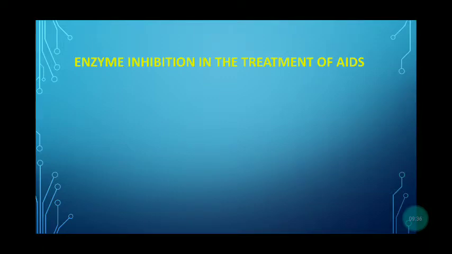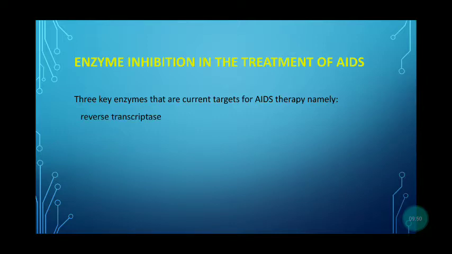The next one is enzyme inhibition in the treatment of AIDS. Three key enzymes that are current targets of AIDS therapy are namely reverse transcriptase, integrase, and protease.